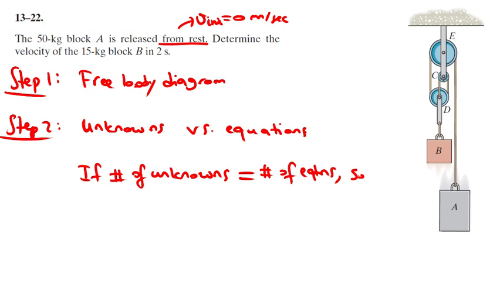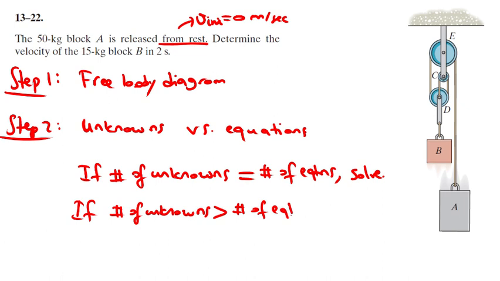If we have the number of unknowns more than the number of equations, then add equations. So that is case 1, case 2.